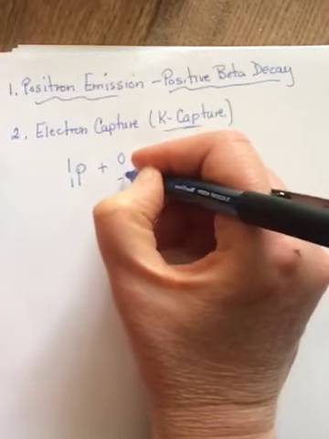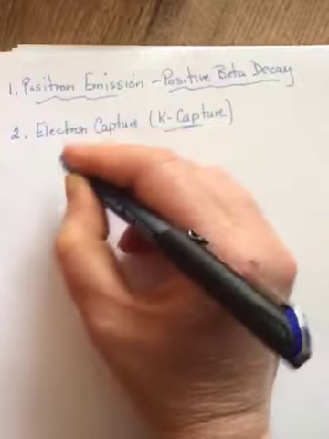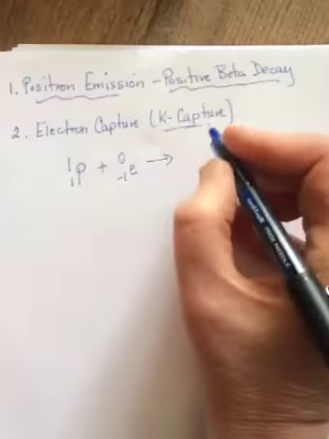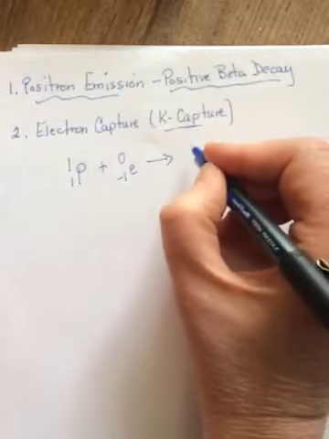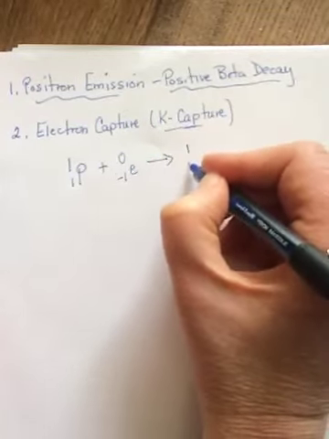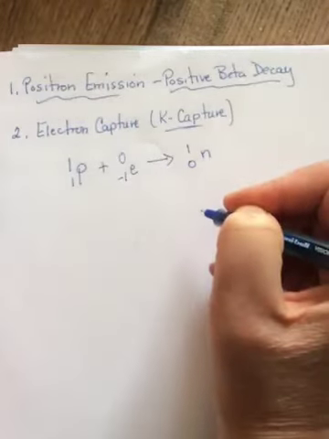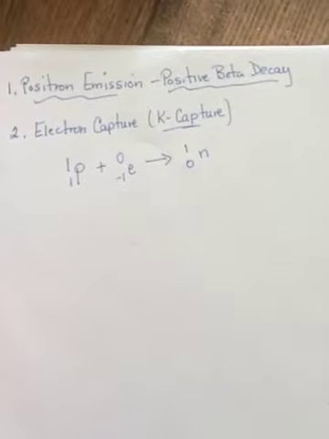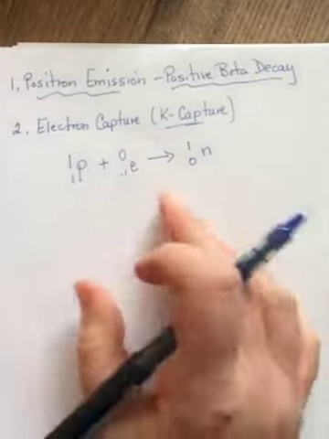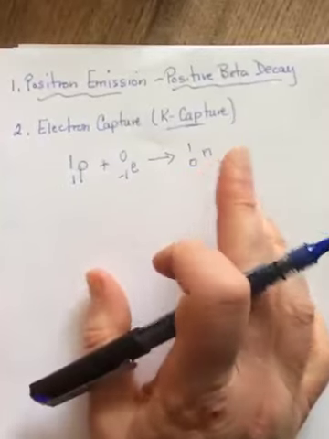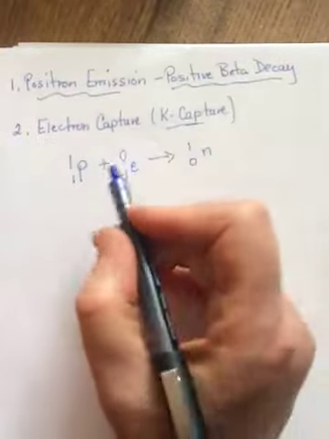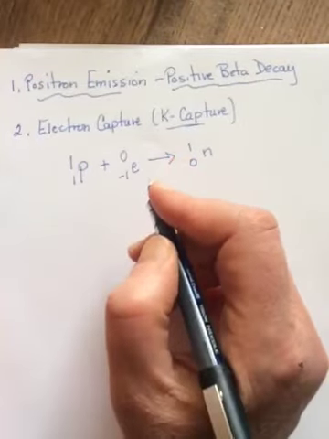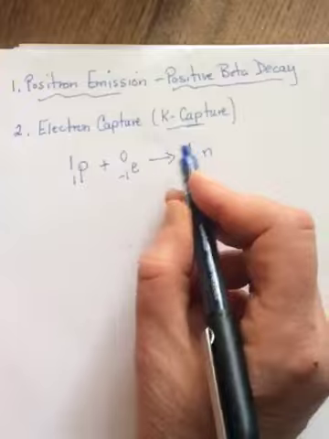So it pulls an electron in, and then the electron and the proton inside the nucleus interact, and if you add this up, you'll see you get a 1, 0, which is a neutron. Okay, so in a K capture, it pulls the electron in, and the electron and the proton join together and become a neutron. So the atomic number is going to decrease by 1, but the mass number is going to stay the same.